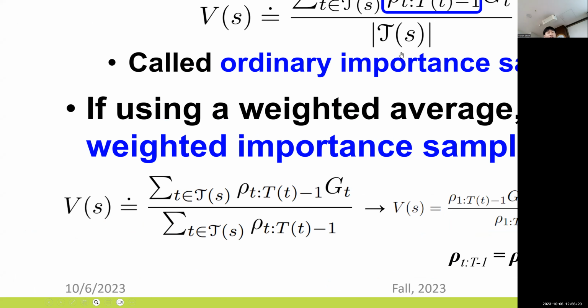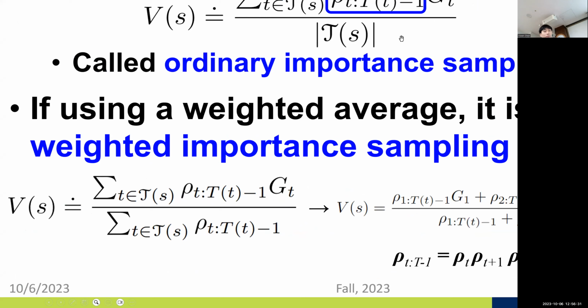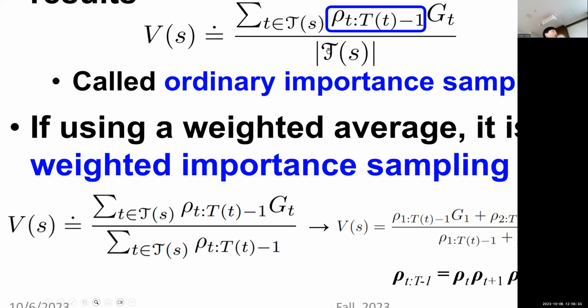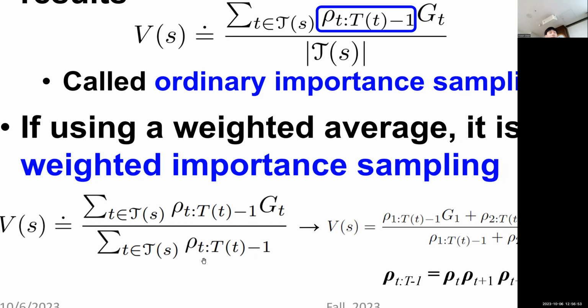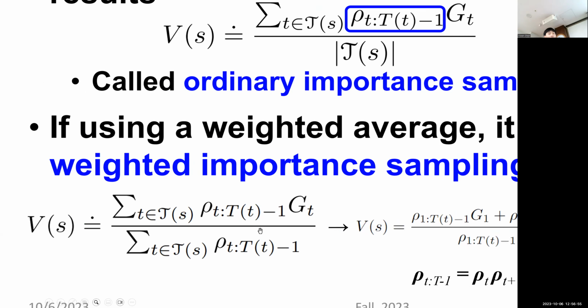So we change this from the previous, the size of the number of times the state has been visited, to the sum of the importance sampling ratio, meaning the ratio has been weighted, the summation of the rho t. If you expand this, you will see how it looks.